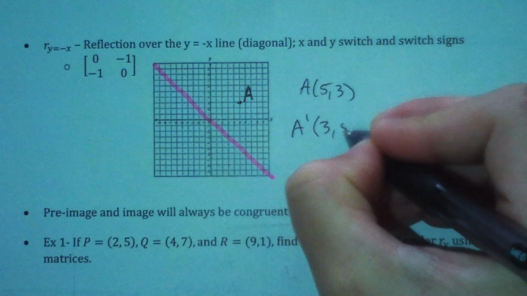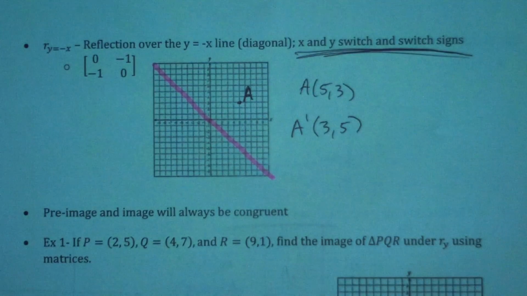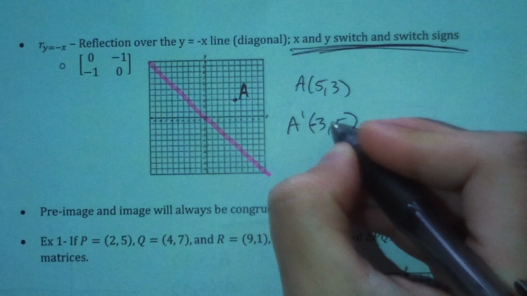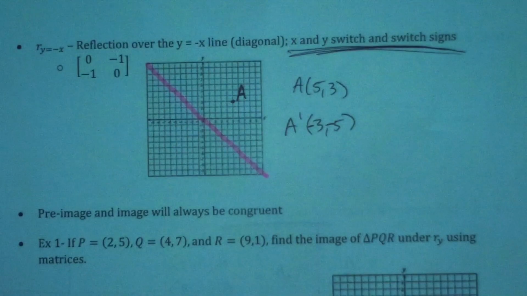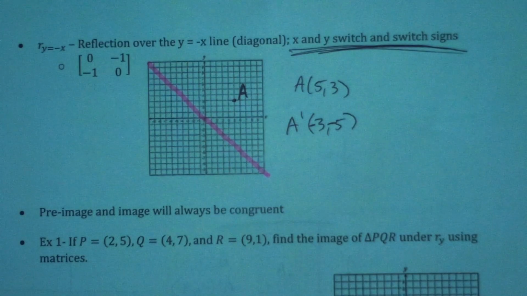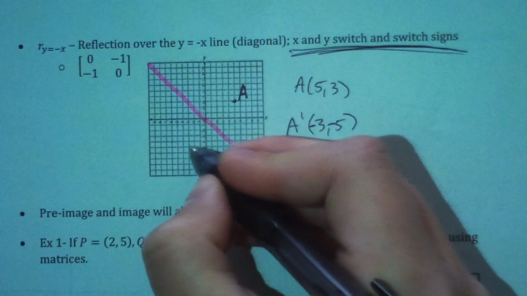Okay, so then we'll just attack our last one here. So if P is 2, 5, Q, 4, 7, R, 9, 1, find the image of that triangle under a reflection over the y-axis using matrices. Okay, so we're flipping over the y-axis. And I'm just going to graph out that original triangle there.